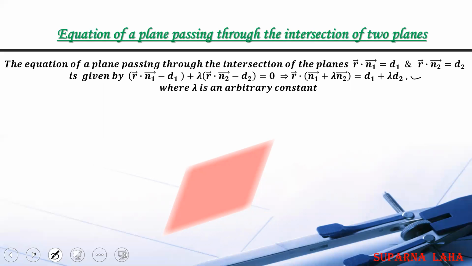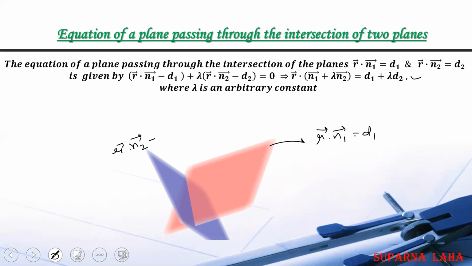Geometrically, this is the equation of the plane vector r dot product with n1 equals d1. Another plane intersecting this plane is r dot product with n2 equals d2.